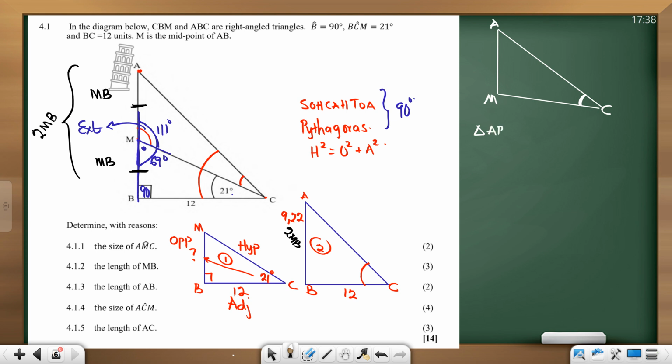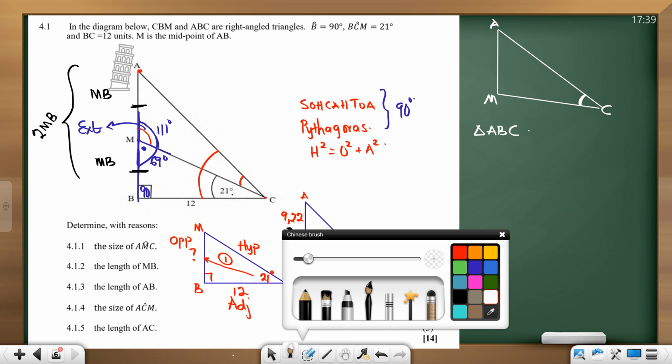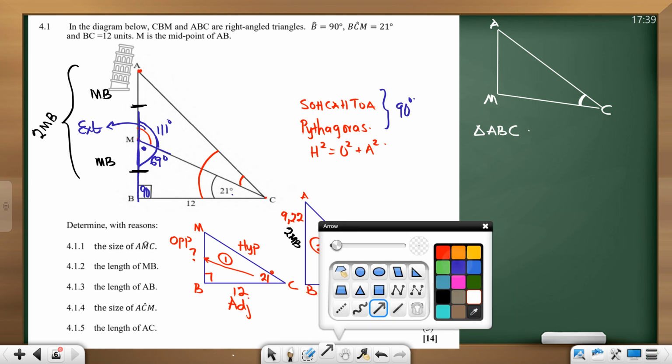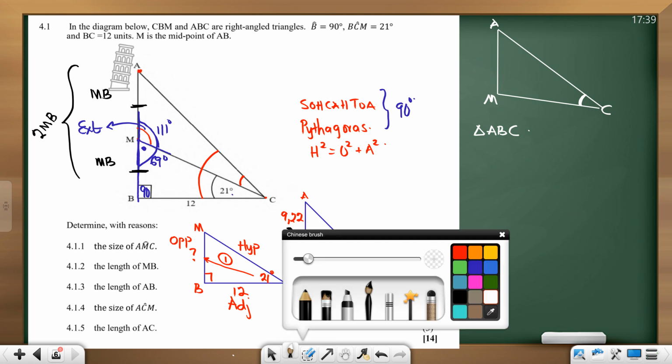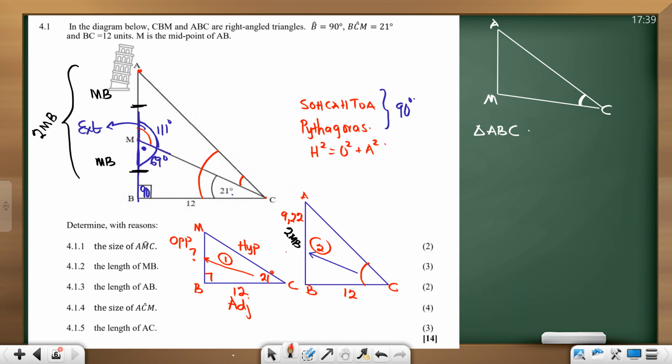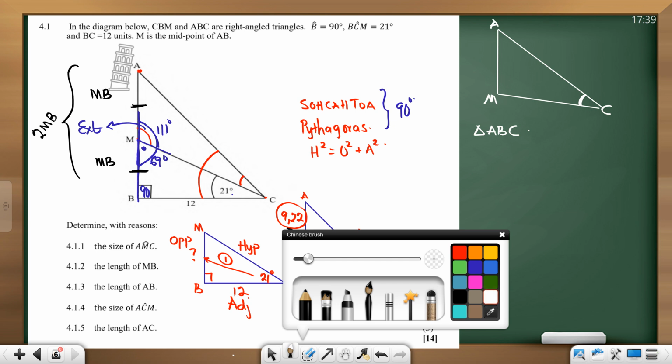Consider triangle ABC. If I consider that triangle, what can you tell me? Always identify your sides before you continue. That is opposite, hypotenuse, and adjacent. I have adjacent. I have opposite. We can use tan.